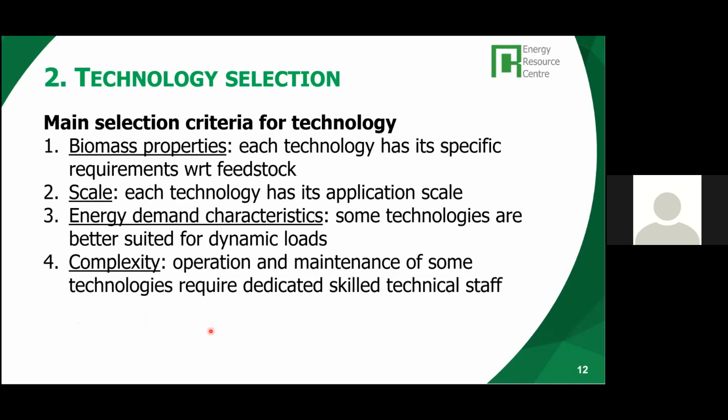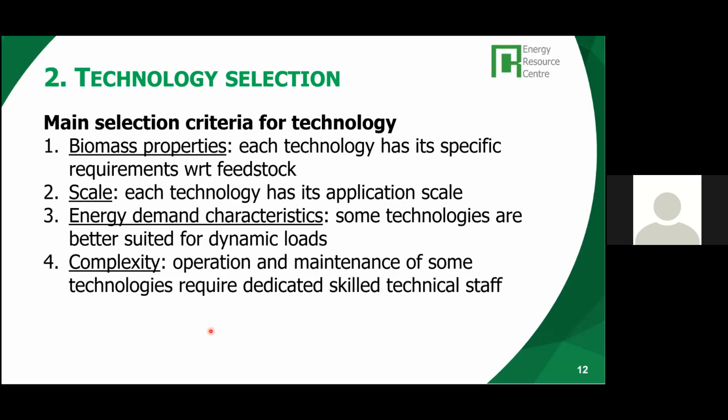So technology selection is indicated. There are different options, and what you do is usually you look at what is available in terms of biomass. What are the properties? Because every technology has certain requirements with respect to the feedstock to which it can be applied.